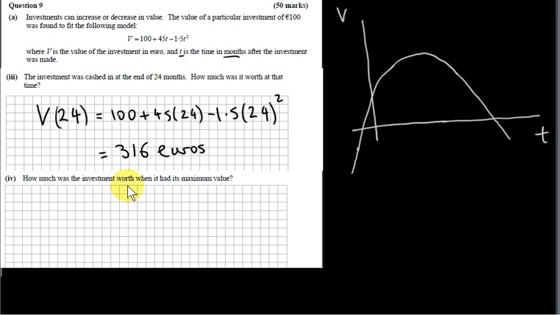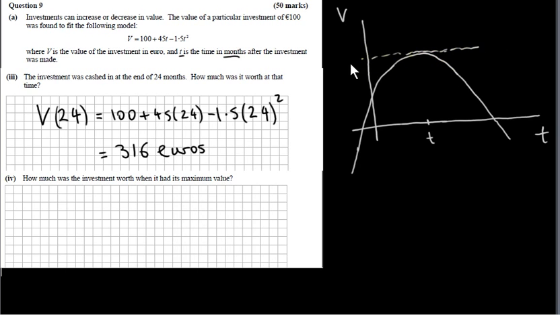How much was the investment worth when it had its maximum value? Well, I've already mentioned that previously. The maximum value is the value of t for which the derivative is 0, for which the slope of the tangent to the curve is 0.